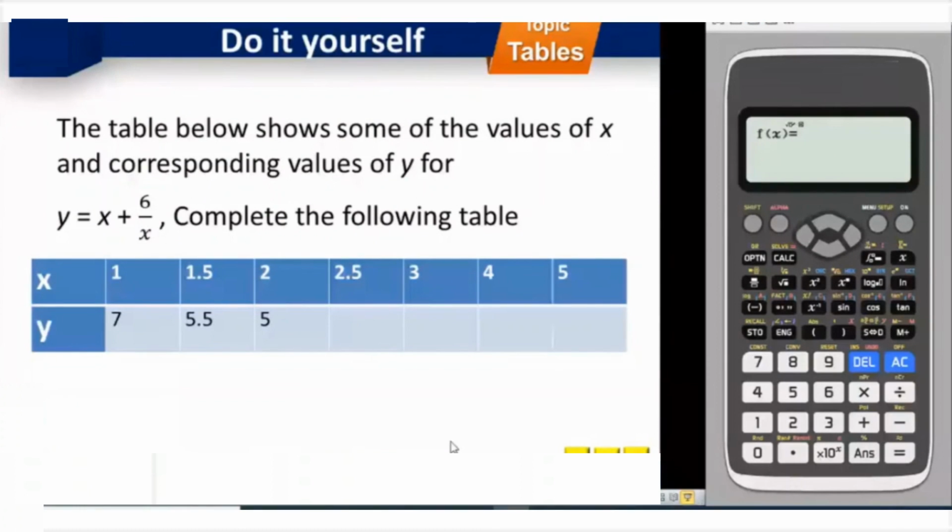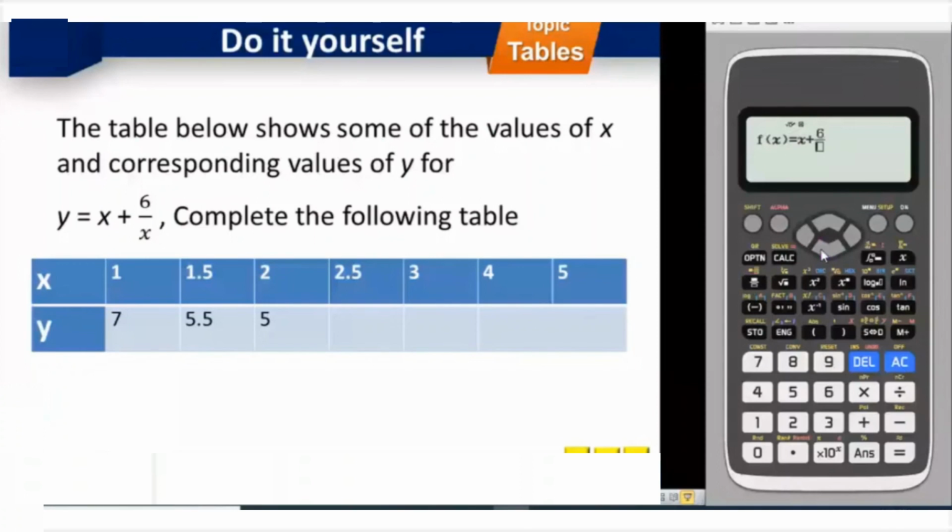All right, there might be a question in someone's mind that some steps are 0.5, some steps are 1. How to solve this? Whenever you have multiple steps in a question, always take the smallest step possible. So in this particular question, I'll write x plus, I will press this button. This button means fraction. I will write 6. I will scroll down.